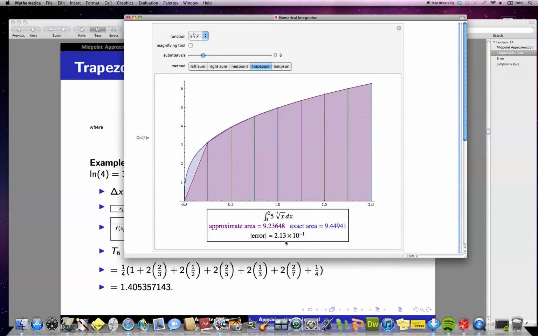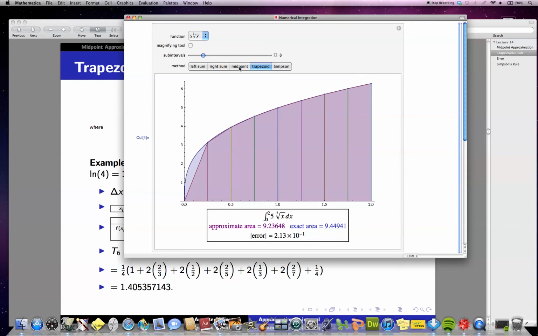So we have an error of 2.13 times 10 to the minus 1. And we see here where the error is the greatest, on the first trapezoid, because the curve is very different than a line here between 0 and 0.25.